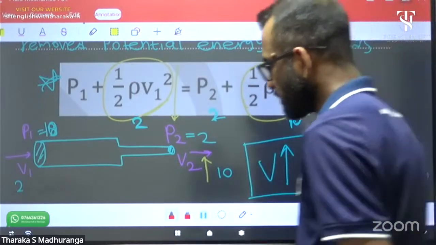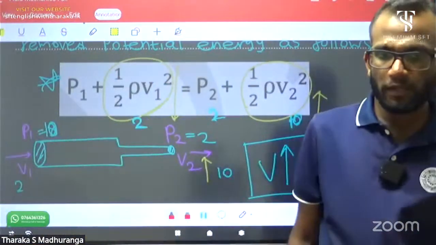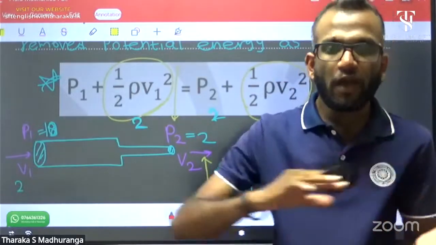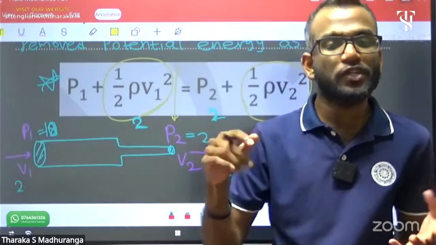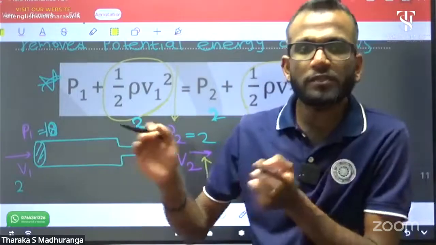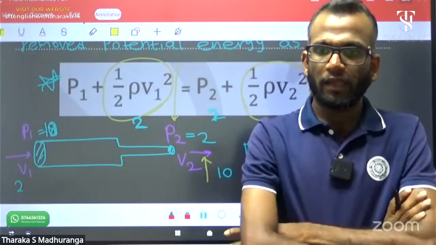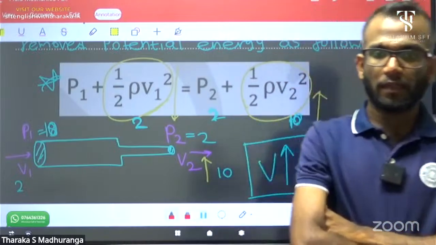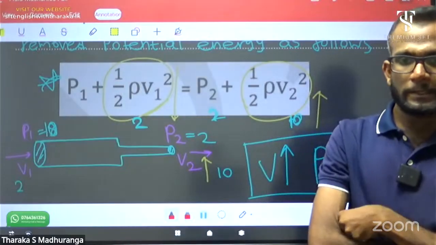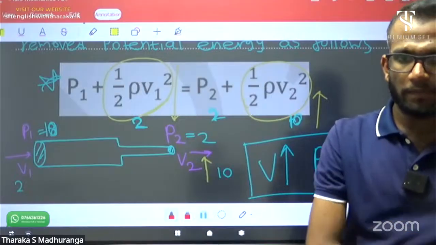Very good. If any fluid is flowing with high velocity, that means its pressure is very low. If any fluid is slowly flowing, its pressure is comparatively great. That is all you need to remember. Pressure and velocity are inversely proportional.